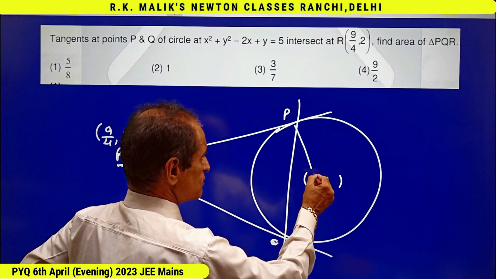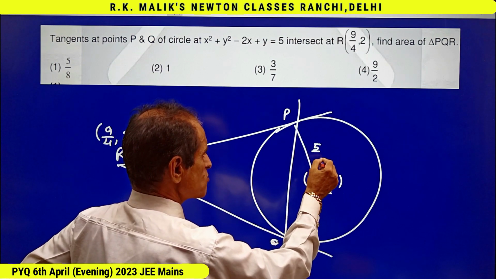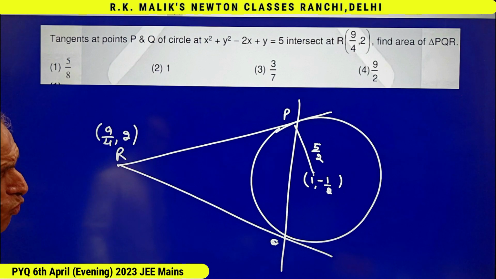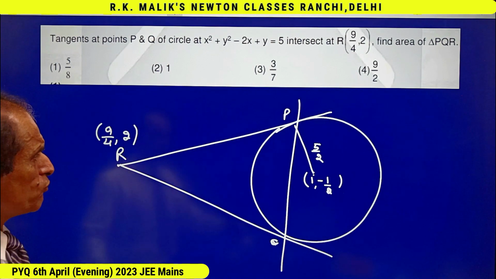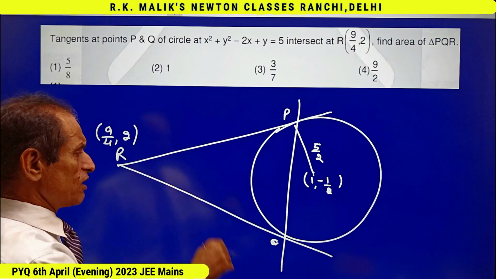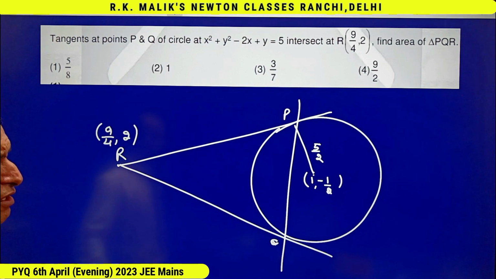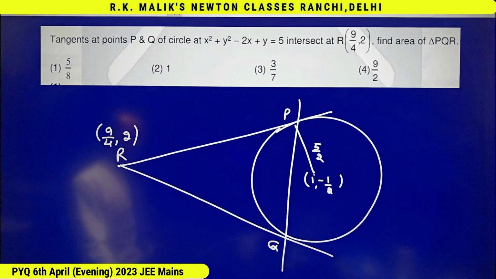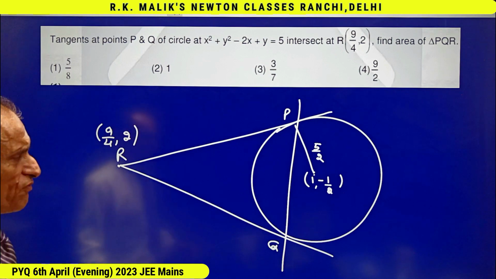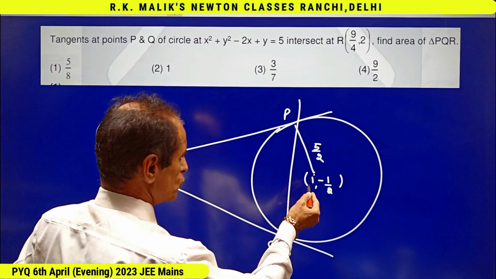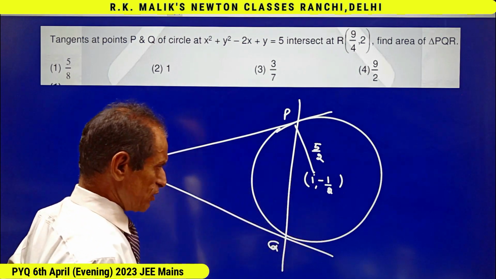Radius of the circle is 5 by 2. Note that in this question we have to just find the area of triangle. We don't require the equation or coordinates of anything. We just find area. As it is always easier to deal with a circle with center (0, 0), I shift the origin to the point (1, −1/2).